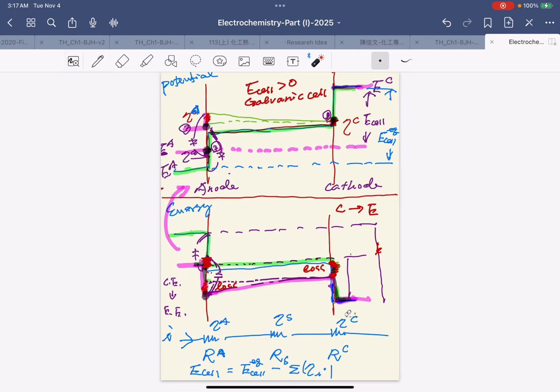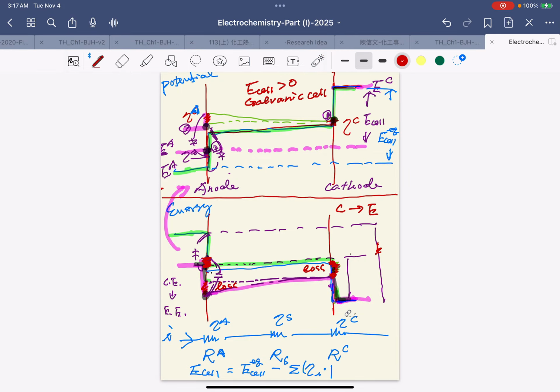Then, okay, if you consider loss at this part, then you need to consider the potential just for the thermodynamic part should be equal to this part. Okay? But you also need to consider loss.